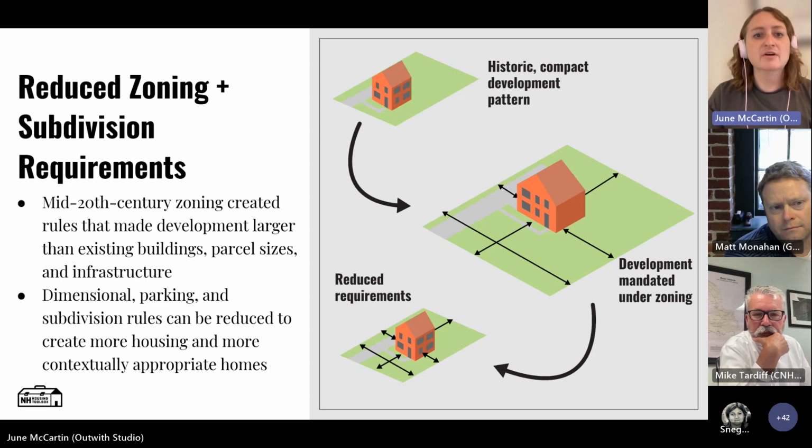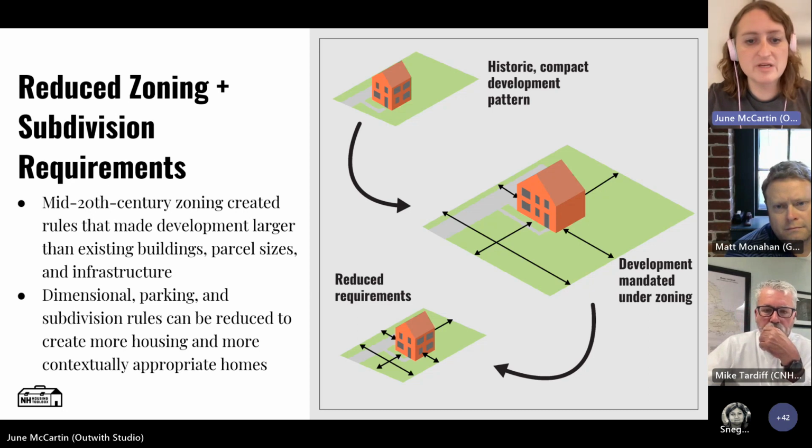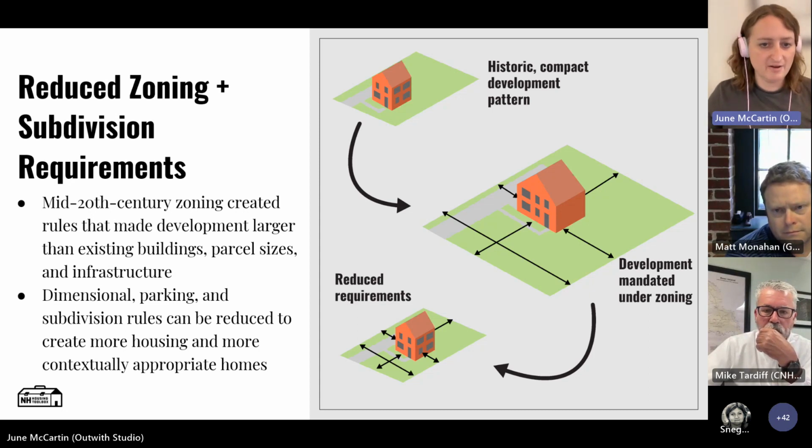Related to that, perhaps in getting into more detail, is reduced zoning and subdivision requirements. A lot of times we saw in the mid to late 20th century, and even persisting today, that zoning requirements began to exceed what had already been in the town and the type of urban fabric that folks really love about their community.